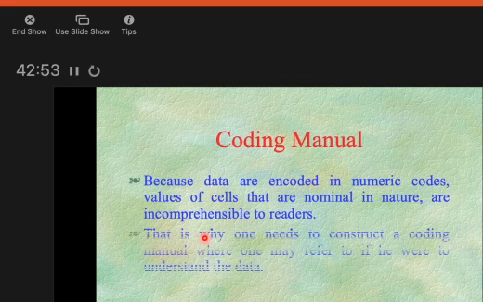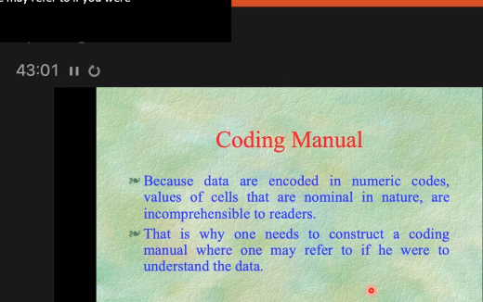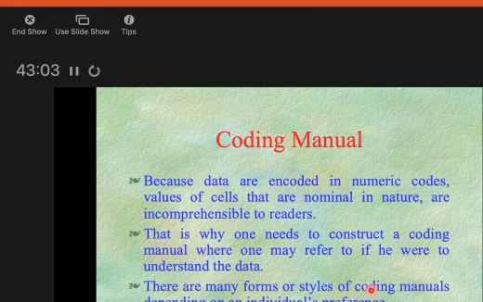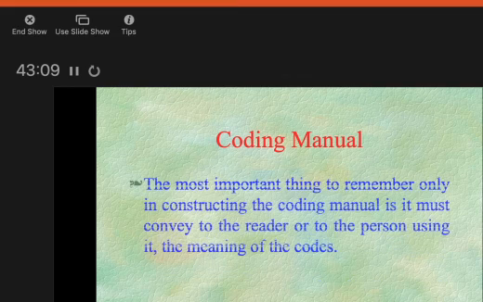So that's why one needs to construct a coding manual to refer to in order to understand the data. There are many forms or types of coding manuals depending on the individual's preference. The most important thing to remember in constructing the coding manual is it must convey to the person using it the meaning of the codes.